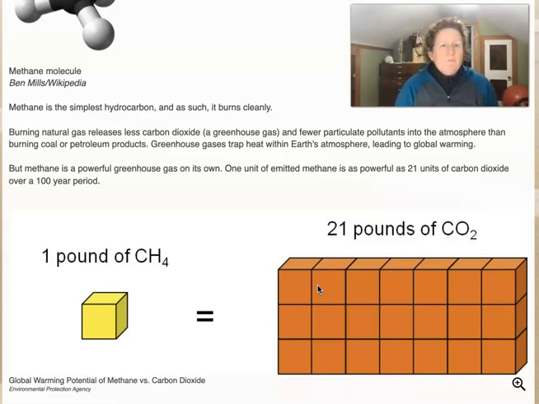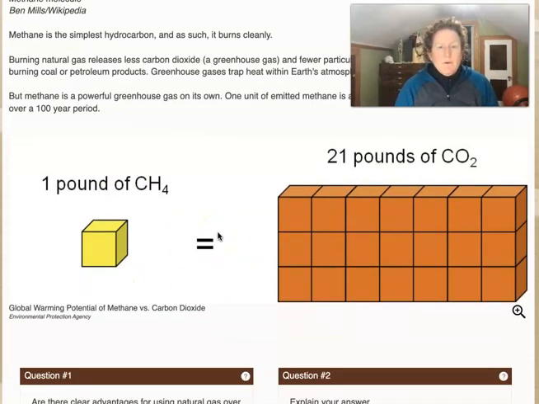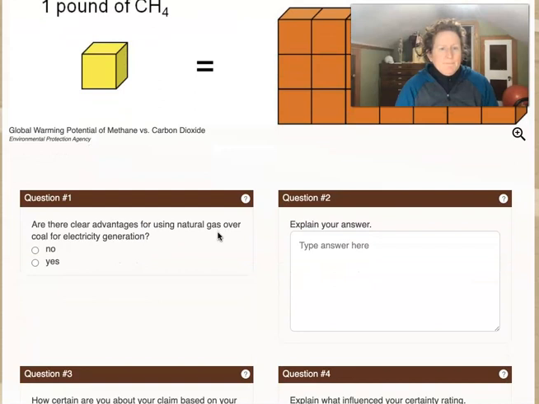So that's a really big deal. Letting methane out into the environment is a big deal. It's a potent greenhouse gas. Are there clear advantages for using natural gas over coal for electricity generation? Well, yeah, because it doesn't produce as much nasty smoke and air pollution.